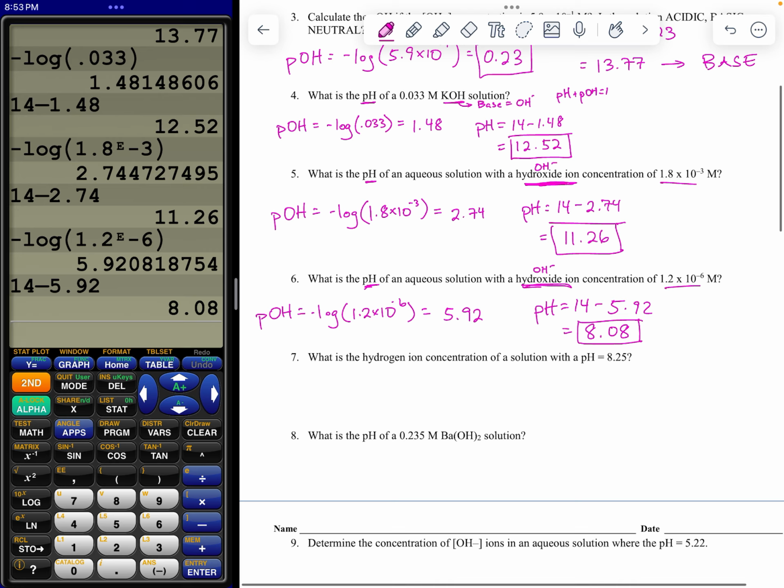What's the hydrogen ion concentration of a solution with pH 8.25? So now I give you the pH, and I'm looking for the hydrogen ion concentration, which is the H plus, right?